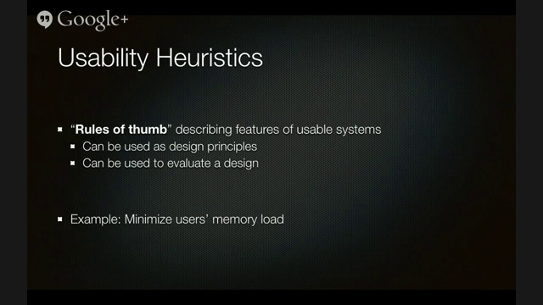So this is a kind of rule of thumb for when you're lacking a really formal model that explains exactly how and why a user interface is good or bad. And the reality is that we don't really have those. We don't have formal models that describe precisely when a user interface is a good thing and when it's a bad thing. These can be used as design principles, so you could use them early in the design process.